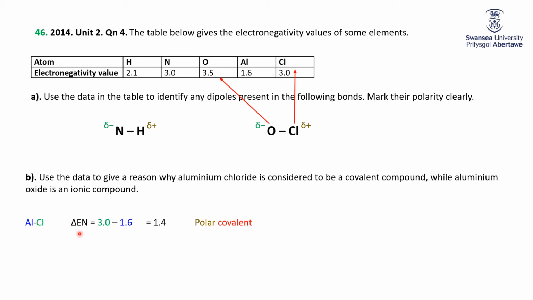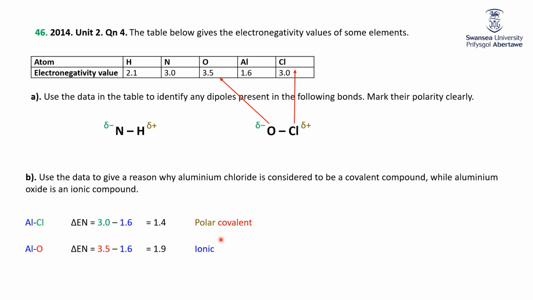When the electronegativity difference is 0 or close to 0, it's non-polar covalent, up to, depending upon who you speak to, somewhere around 1.8, something like that, then it would be polar covalent, at which stage it would cross over to ionic. As we see with the aluminium oxygen, because here you've got oxygen 3.5 minus the 1.6, a difference of 1.9. Bigger, and so one would define that as being ionic.